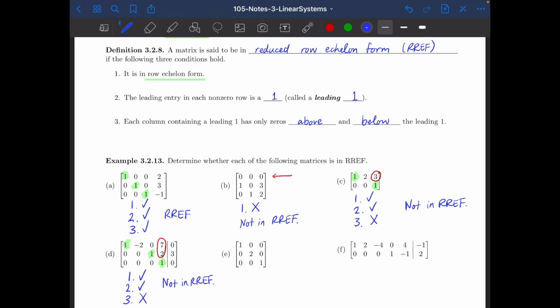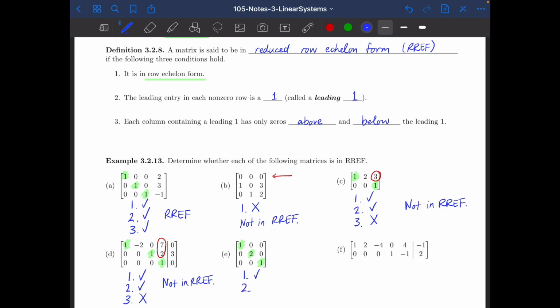What do we have in part E? Well, let's check the first condition. Is this matrix in row echelon form? There's no row consisting entirely of zeros, so we move on to identifying the leading entries. They do satisfy the condition that the leading entry on each row is to the right of the leading entry on the row above it. And so the first condition is satisfied.